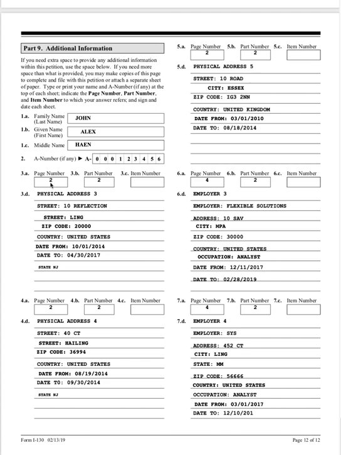So I entered page number 2 and the continuation of part number 2. I didn't enter the item number. It's not required. Just enter physical address 3 and the rest of the details: street, zip code, country, date from, date to, and state. You can put the state here as well.